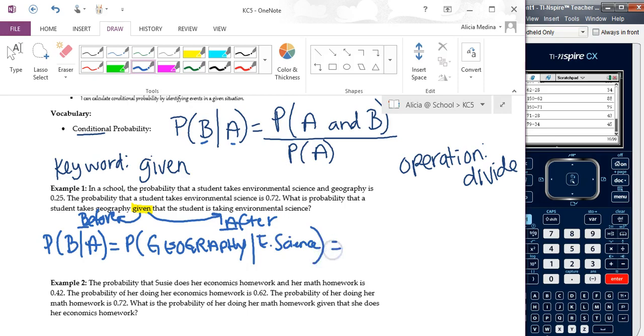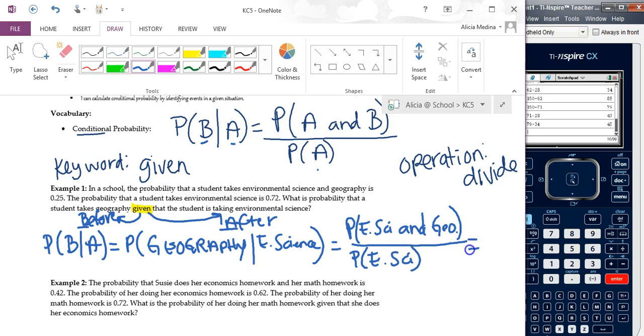All right. Well, then in notation here, I'm going to have probability of environmental science and geography. I'm going to say geo. All over, what do we put at the bottom? We put the probability of just A. So our A was environmental science.